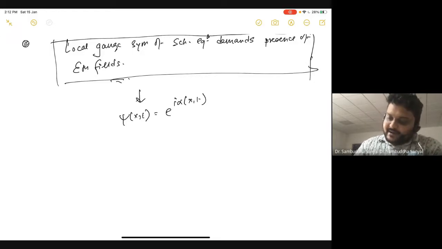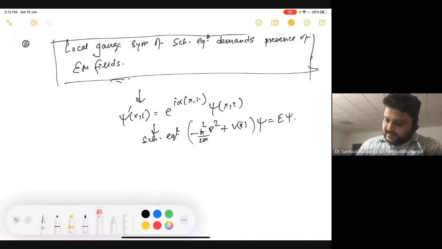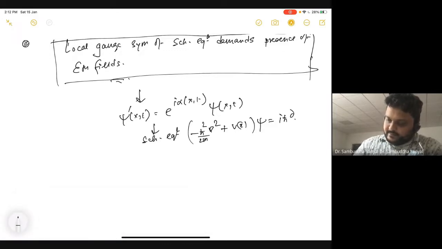So we demanded this transformation. We demanded that my Schrodinger equation, minus h-bar squared by 2m grad squared plus V(x) psi equal to E psi. Actually, I want the full dynamical equation, not the static one, to be invariant.